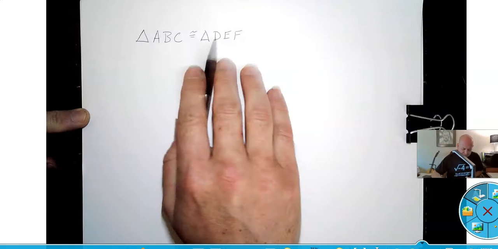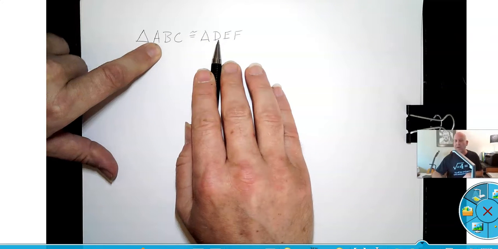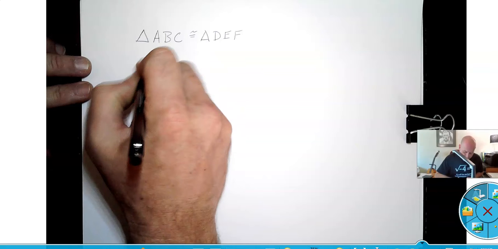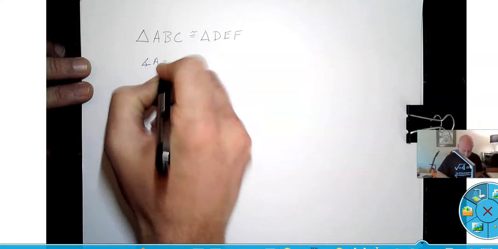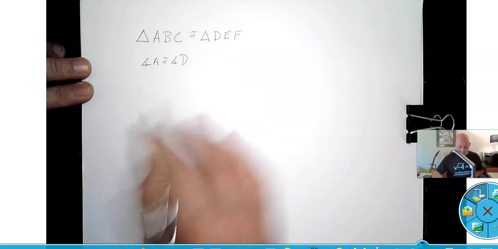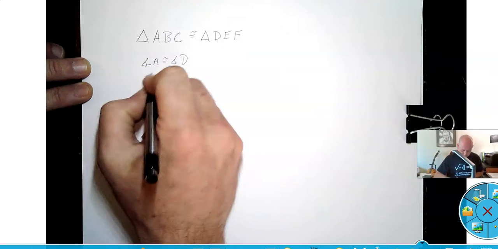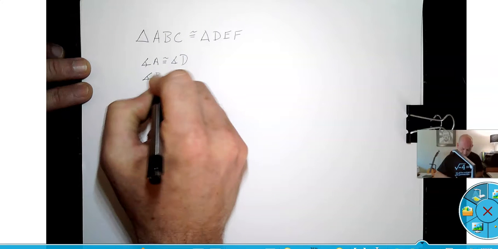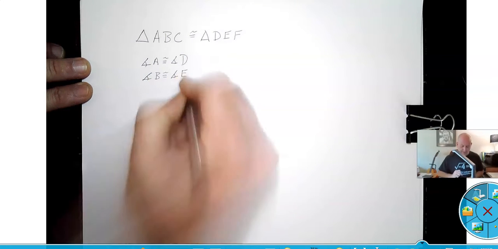The position of these letters tells you something. So first of all, because A and D both occupy position 1 in each of these statements, that means that angle A is congruent to angle D. And because B and E correspond, angle B has to be congruent to angle E, right?